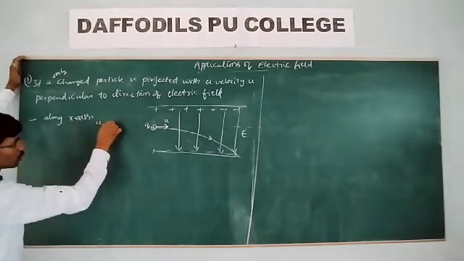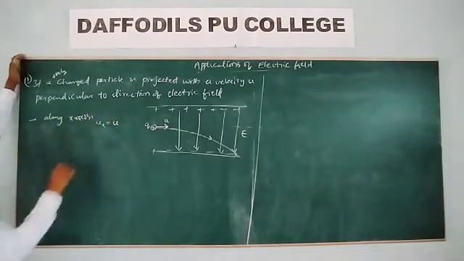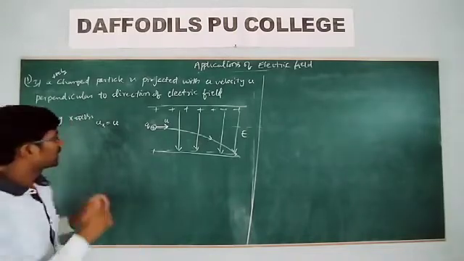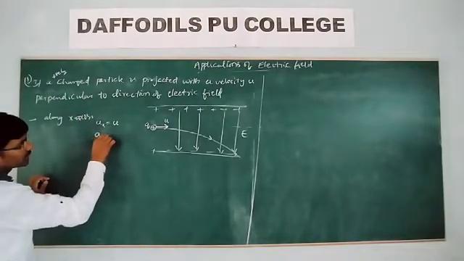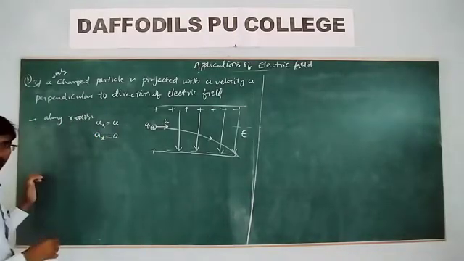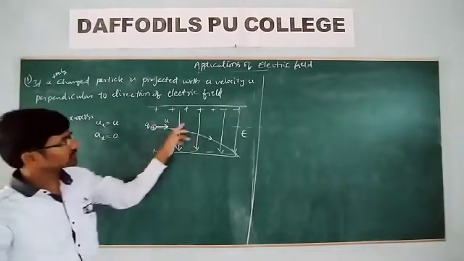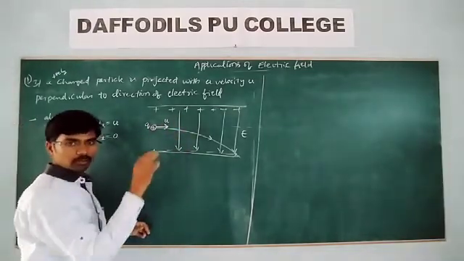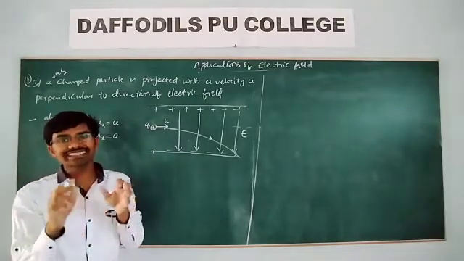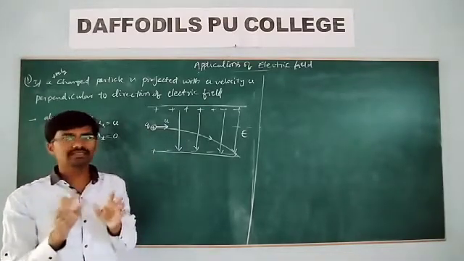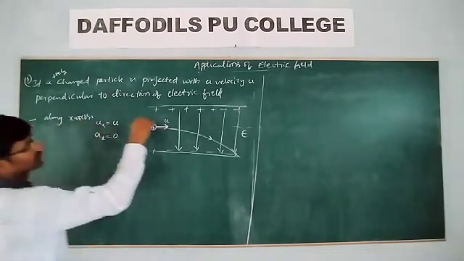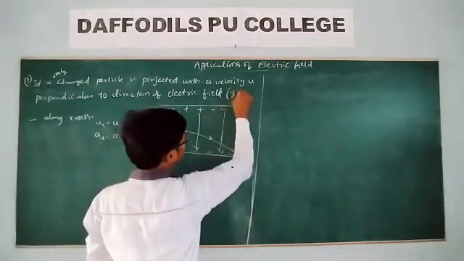Ux is equal to u, the initial velocity along the x-axis, and the acceleration Ax is equal to 0. Why? There is no acceleration along the x-axis. The electric field is in the downward direction. And remember, we are not considering the acceleration due to gravity also; g is neglected.